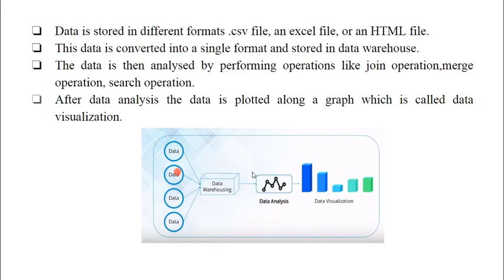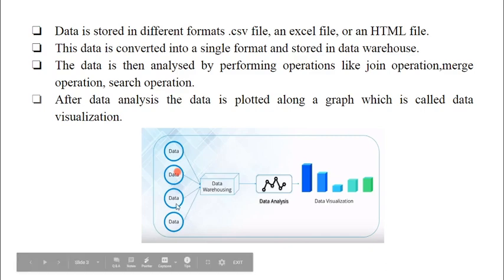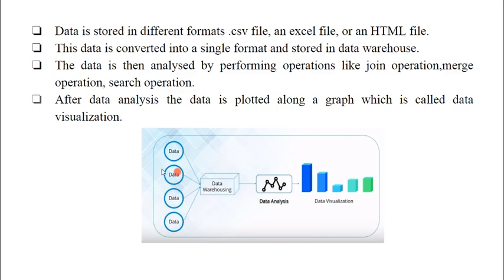Here data may be stored in different formats like .csv file, Excel file, or HTML file. So these data are in different formats, and all the data are to be converted into a single format and stored in a data warehouse.